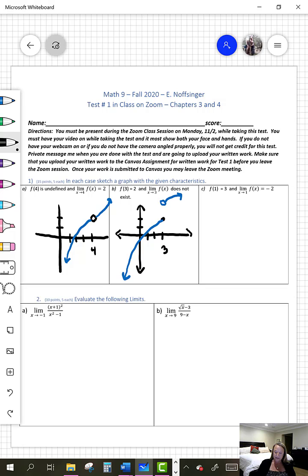So part C says f of 1 is equal to 3, and the limit as x is approaching 1 of f of x is equal to -2. So f of 1 is 3. So let's go ahead and plot that point.